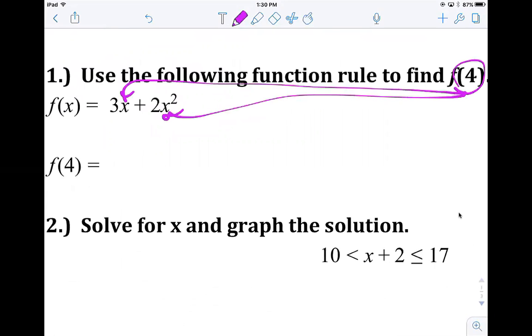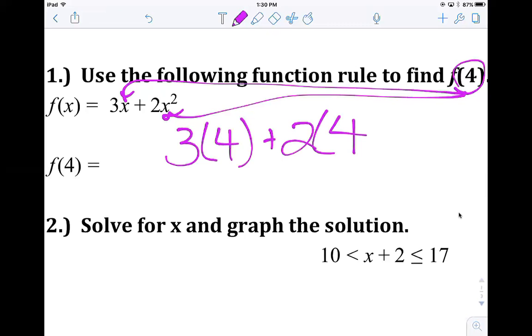So what's going to happen is we're going to take 3 times 4 plus 2, and then 4 in parentheses to the second power. So we want to be careful that we do this step here first, because a lot of times people take 2 times 4 and get 8, and then they want to do 8 squared.